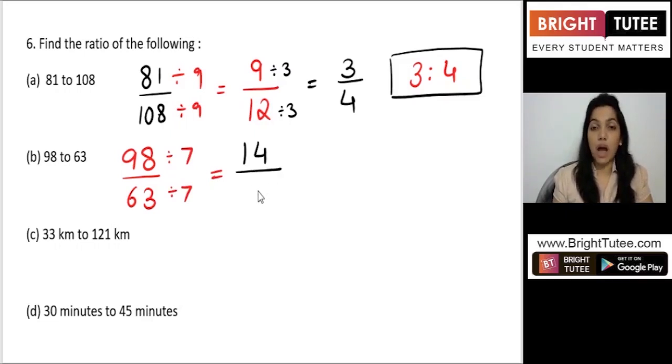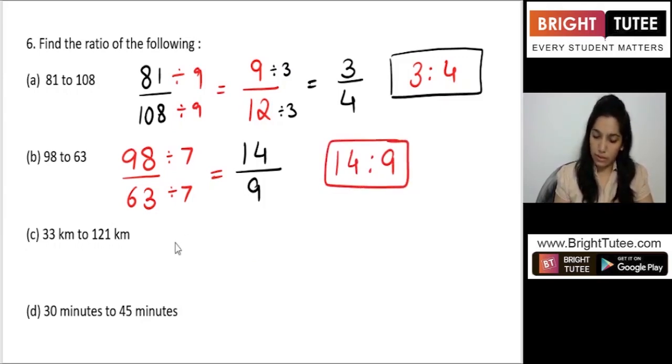And 7, where do you see 63 in 7 times table? It is 9. So we have got 14 over 9, and clearly we have no common factor between 14 and 9. So this is the answer, that is the simplest form. So let us write it here, that is 14 is to 9. This is the final answer that we have calculated.